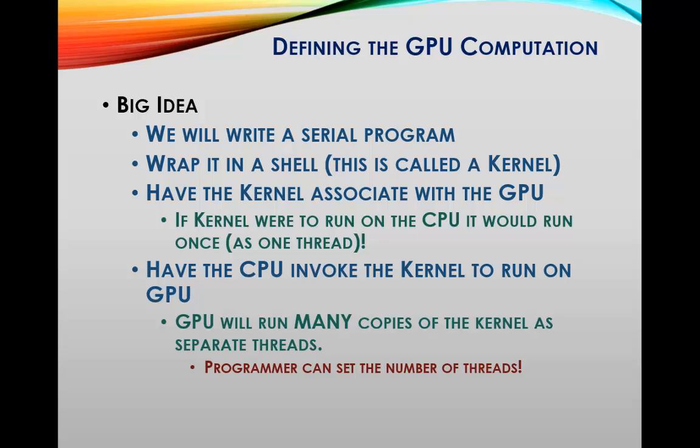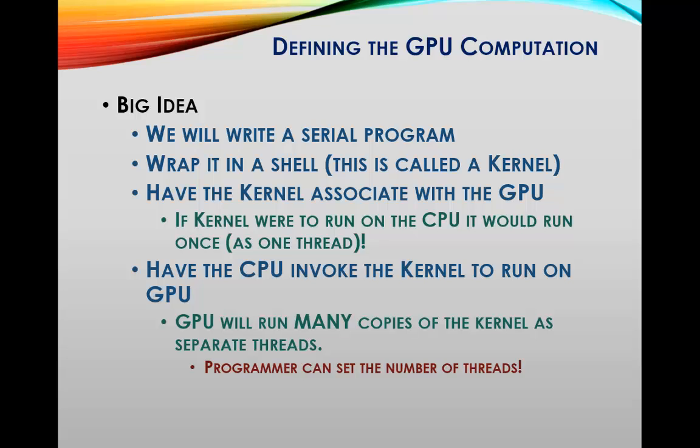Once you invoke the kernel to run on your GPU, the GPU will run many copies of this kernel as needed as separate threads. The good thing about this paradigm is that the programmer can set the number of threads to run on the GPU, essentially defining the parallelization needed, and also the patterns of parallelization, or rather the relationship between these parallelized processes running on the GPU.